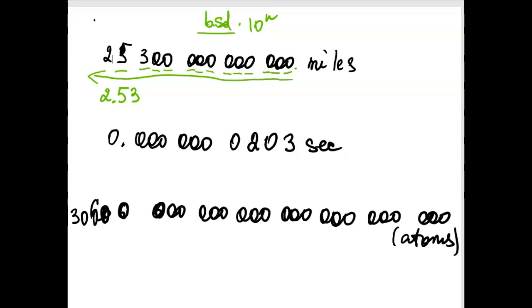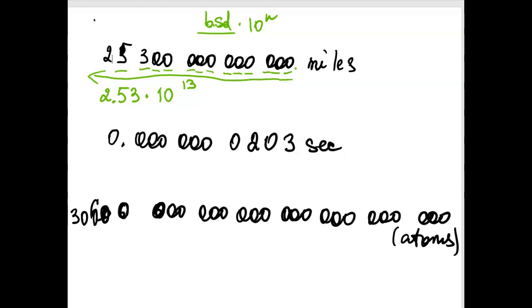And remember, we moved our decimal point 13 spots to the left. So that means that I need to use 10 to the power 13. This exponent shows us the number of spots we moved our decimal point.